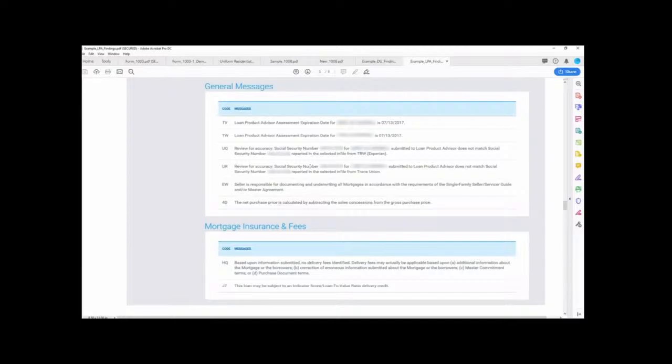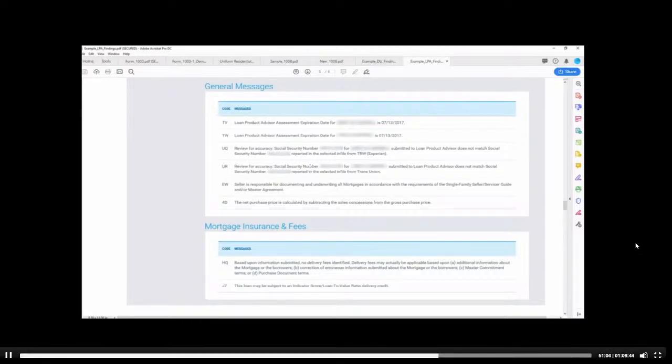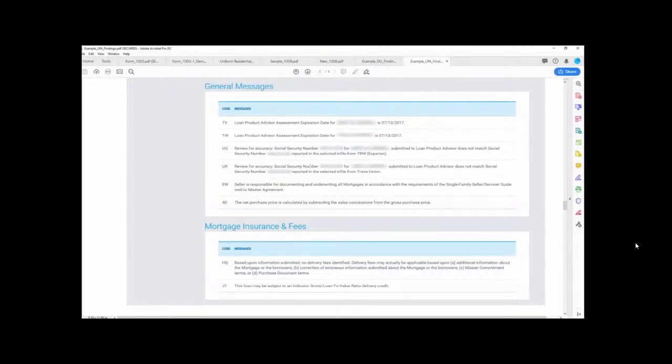Okay, so whatever findings you have, you make sure it matches your 1003 and everything is reading properly. What I've noticed on DU and LP, you might have your ratios wrong in your loan processing system compared to your findings from the AUS, and you got to figure out why it's pulling that way and correct it in the system.